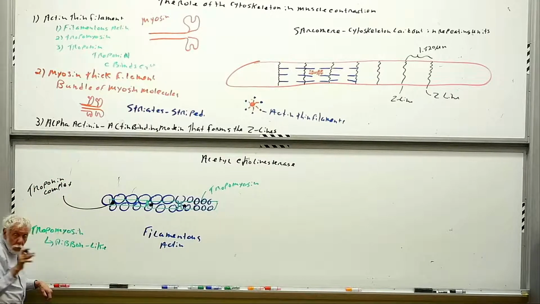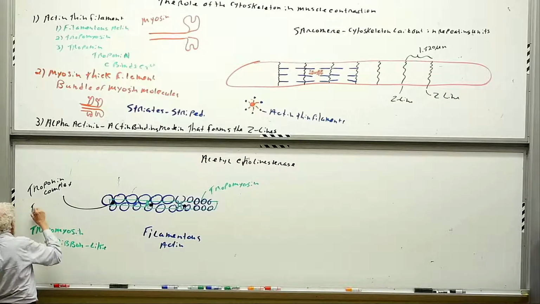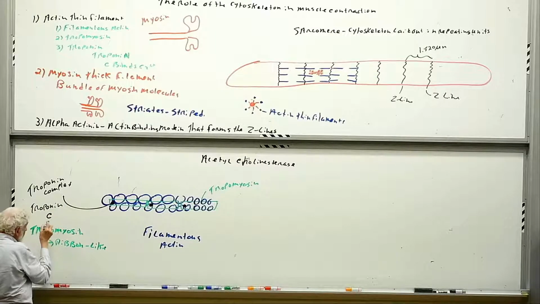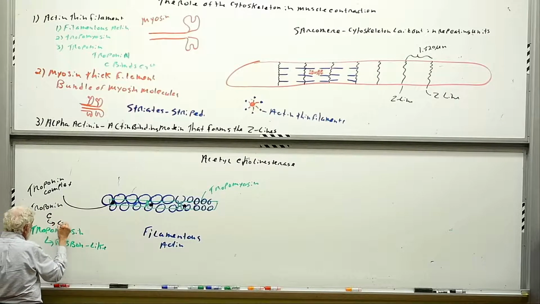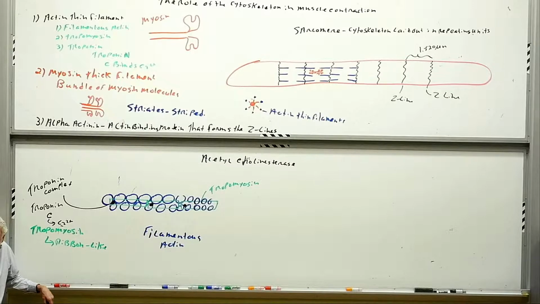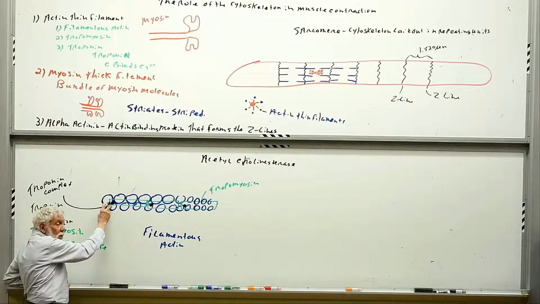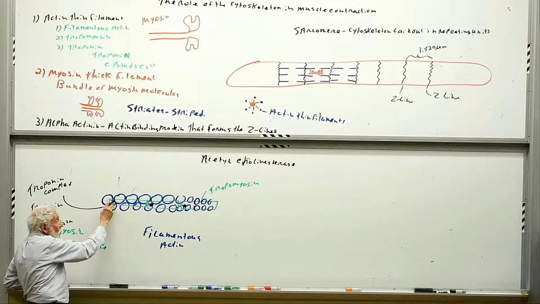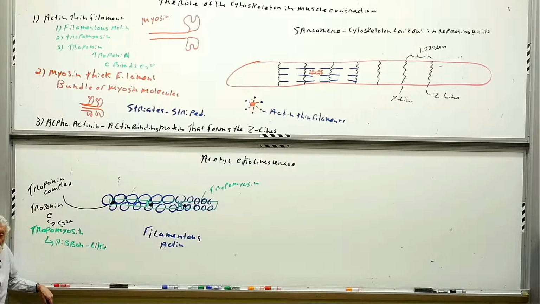Now, it's true there are 3 proteins in the troponin complex. The one I want you to know about is troponin C. The C binds for calcium. So the calcium, which had been released from the sarcoplasmic reticulum, is now out in the cytoplasm. And that calcium now is going to bind to the troponin C. When we bind the calcium to the troponin C, that's an enormous change in the charge on that structure.